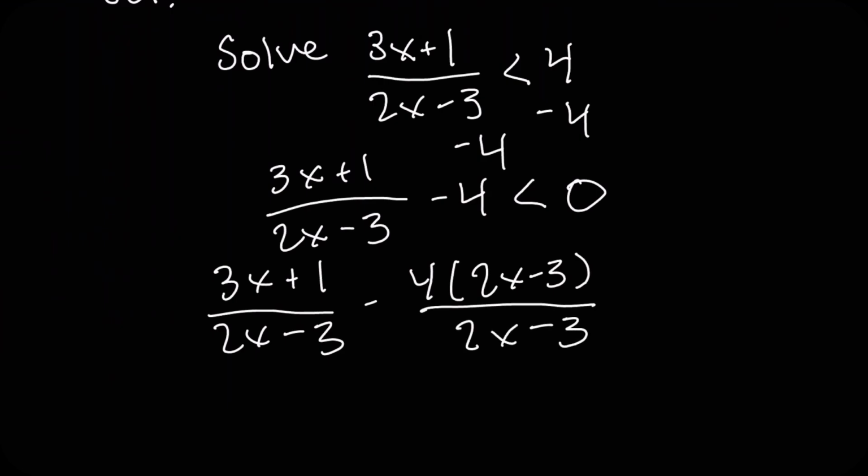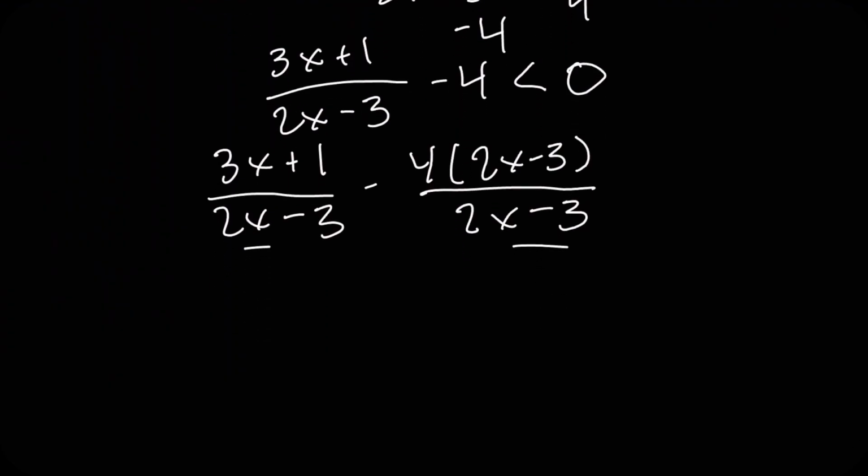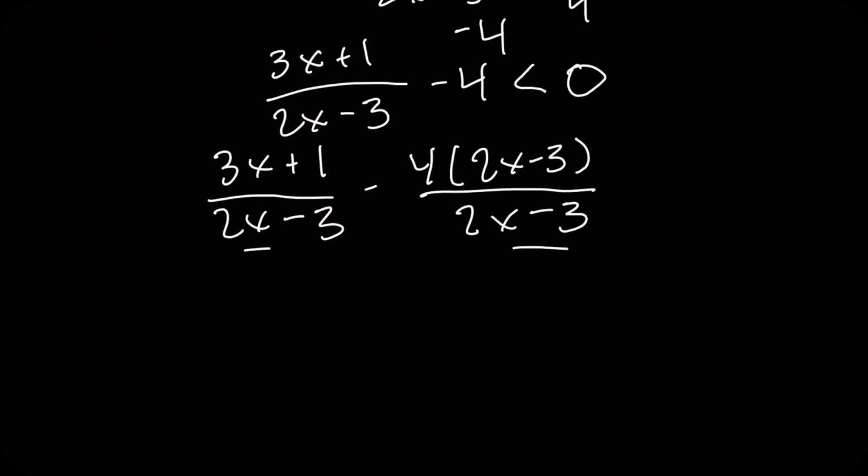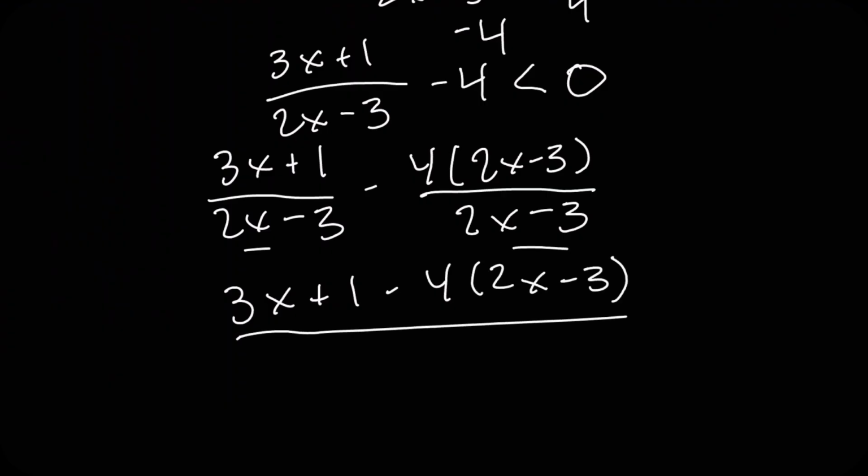And this 2x - 3 divided by 2x - 3 is essentially 1, which is why we can do this. Now, since we have the common bottoms, we can subtract them together. That leaves us with 3x + 1 minus 4 times (2x - 3), and this whole thing is going to be divided by 2x - 3.